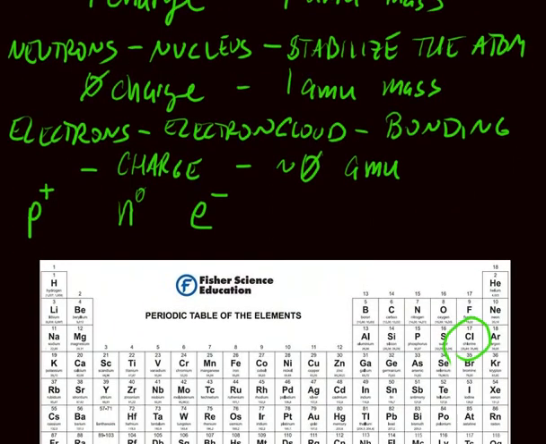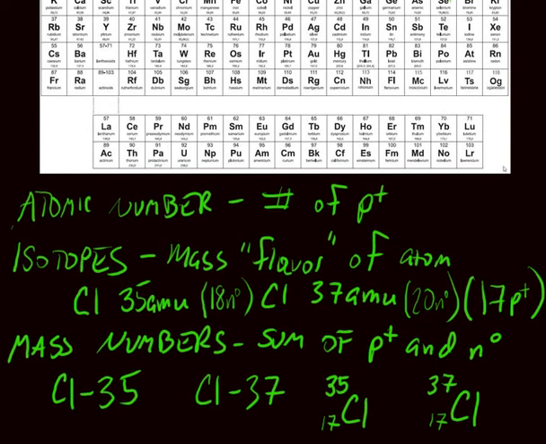So scrolling back down here, every element on the periodic table must have protons. That defines the element's identity. So if every atom has a certain number of protons, and an atom by definition must be neutral, the number of protons will always equal the number of electrons for an atom of that element.